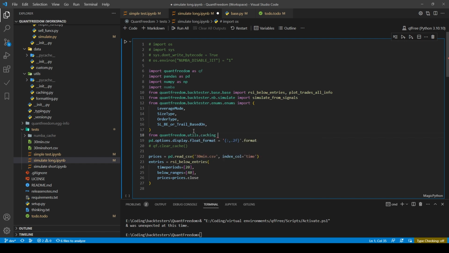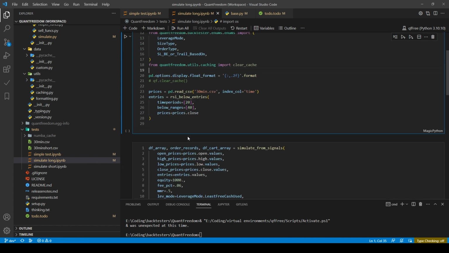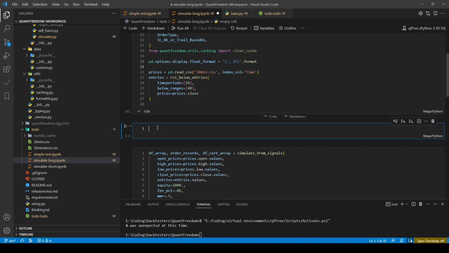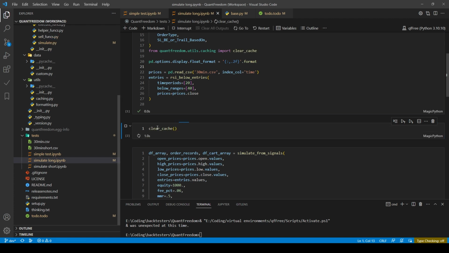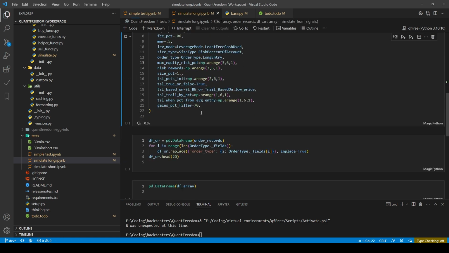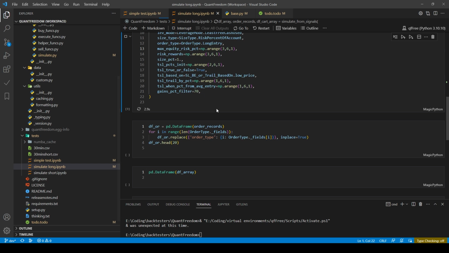Dot caching. Okay, so let us run this. Cache. Okay. Let's try to run this again. We're gonna run out of memory.